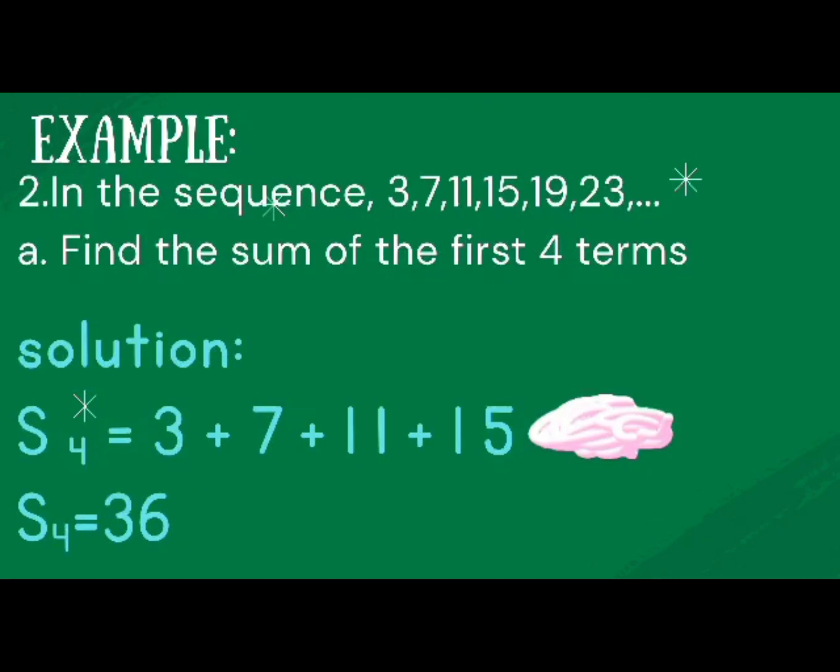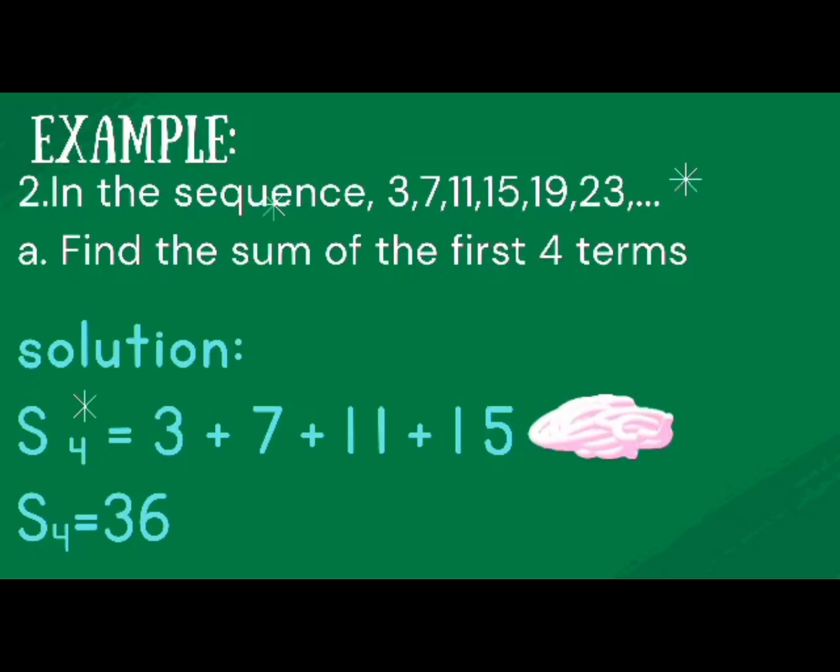In example number 2, in the sequence 3, 7, 11, 15, 19, 23, we have to find the sum of the first 4 terms. And remember, in finding series, we have to change the comma sign of the sequence into a plus sign.